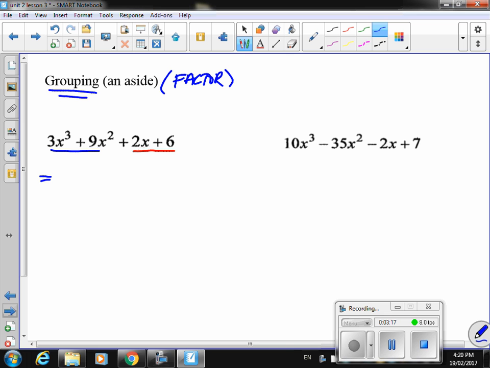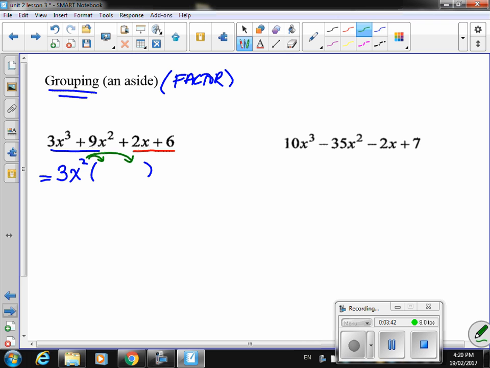I'm thinking about what would go into both 3x cubed or 9x squared, so a common factor. Well, the number 3 divides into both evenly, and x squared would go into both x squared and x cubed. So there's my greatest common factor for the first two. What do I need to multiply that by to get what I started with?